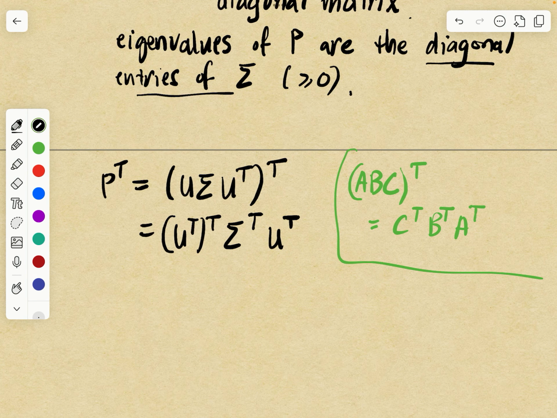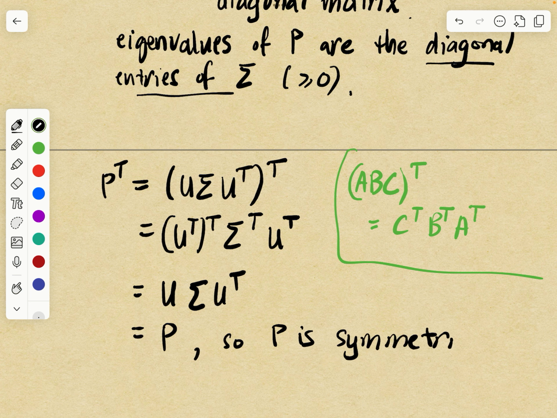U transpose transpose is just U. Sigma transpose is sigma, because sigma is a diagonal matrix. And U transpose is just U transpose, so I get U sigma U transpose, and that's equal to P. And so P transpose is equal to P, so P is symmetric. And since P is a symmetric matrix and its eigenvalues are non-negative, we conclude that P is positive semi-definite.